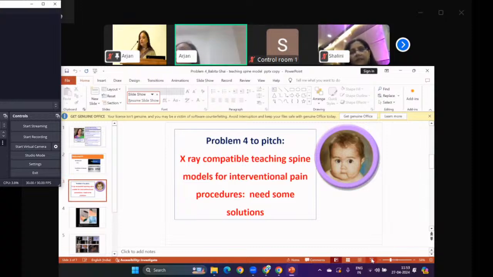What we do not have is an X-ray compatible teaching spine model for interventional pain procedures, and we need a solution for that. It is not that these are not available in the market. These are available in the international market, but pretty expensive. Each model costs nearly 4 to 8 lakhs. And I think we can afford to create it at a much, much lesser cost.